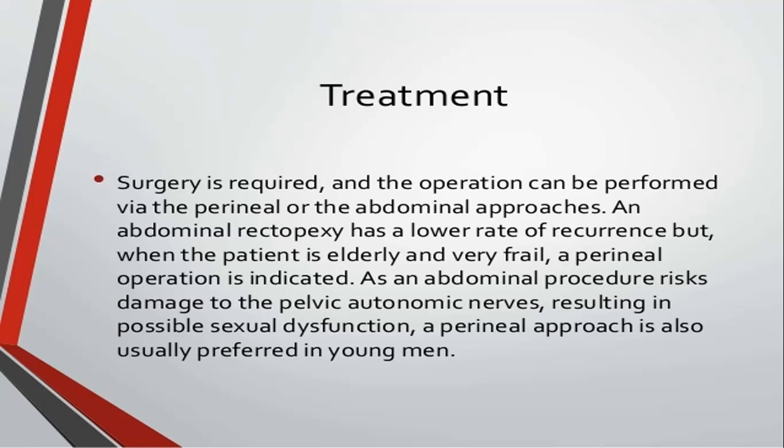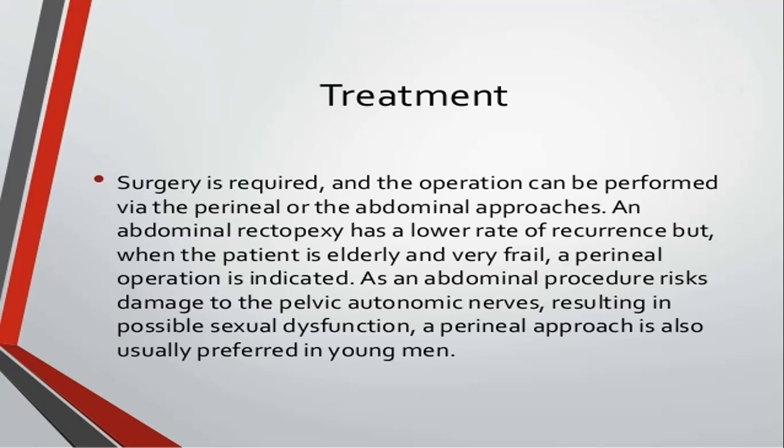But if a patient is very elderly or frail and cannot tolerate general anesthesia, which abdominal rectopexy needs, you can go through the perineal area, which can be done under spinal anesthesia. That's why the perineal operation is indicated for those who cannot tolerate general anesthesia, such as the elderly and very frail.